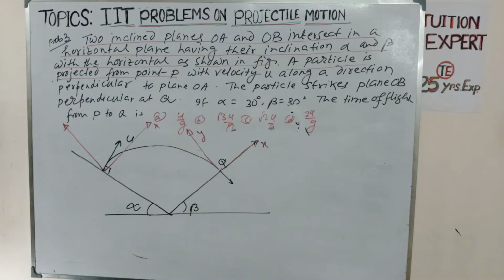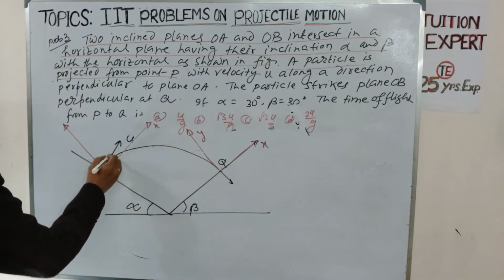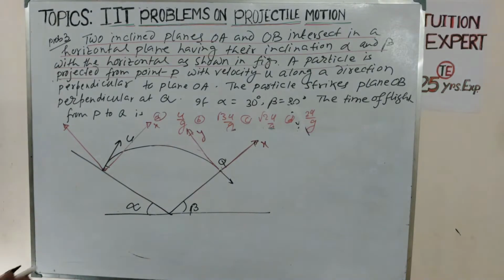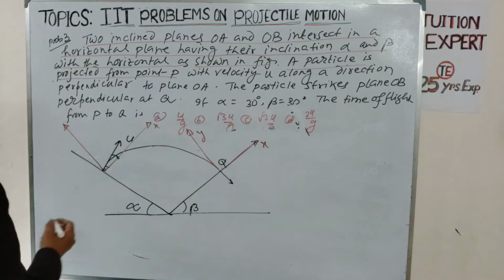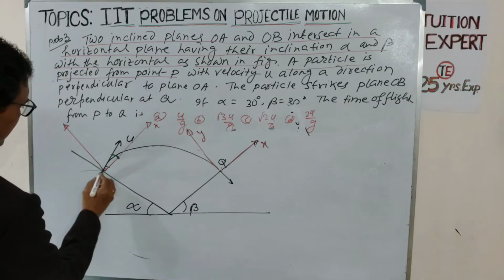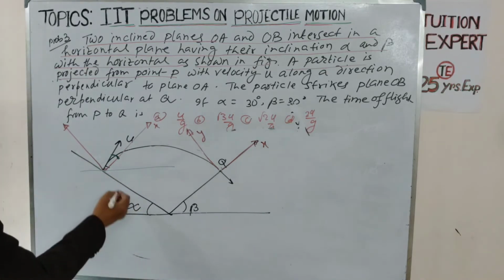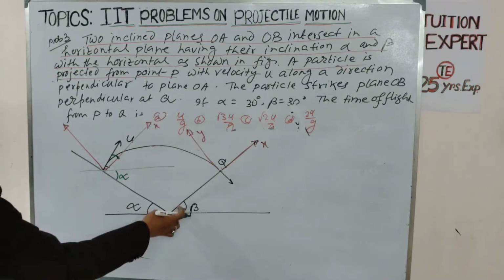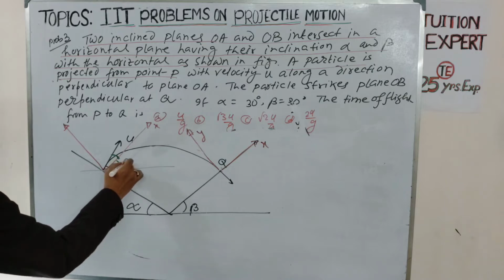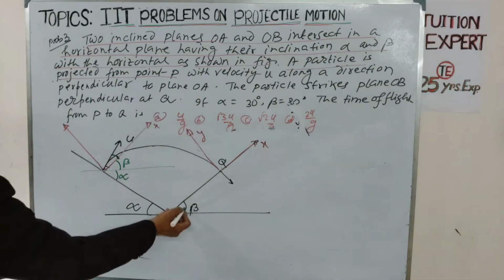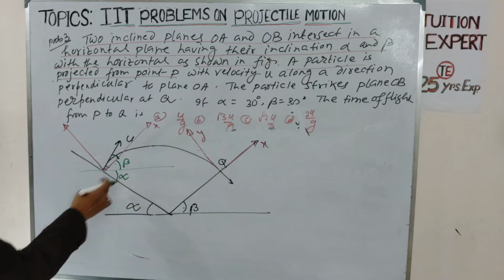Now what is the angle of this? We have to calculate the angle. If this is alpha, we have to draw a horizontal line. Then this angle is alpha, alternate angle, and also this angle is equal because this is a corresponding angle. This angle beta, alpha equal.